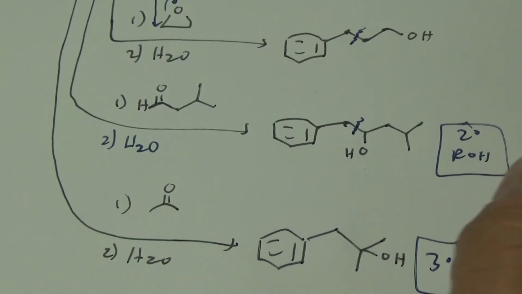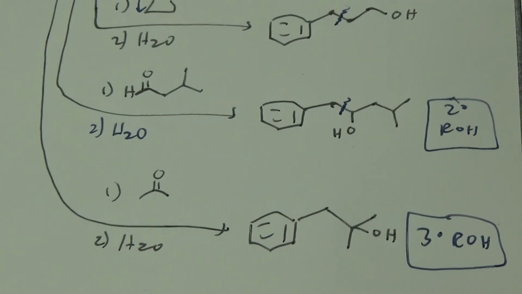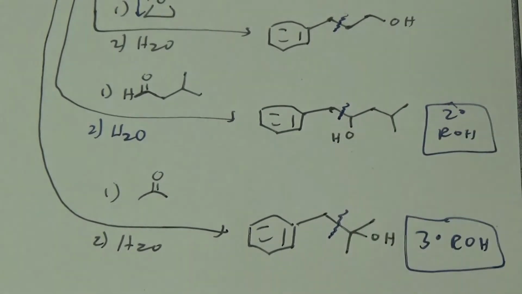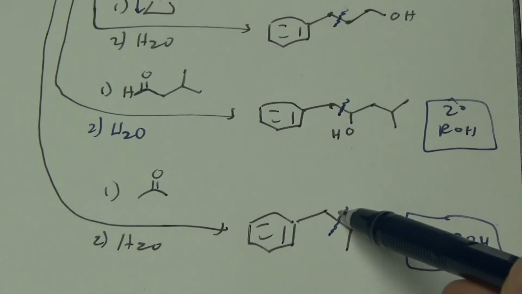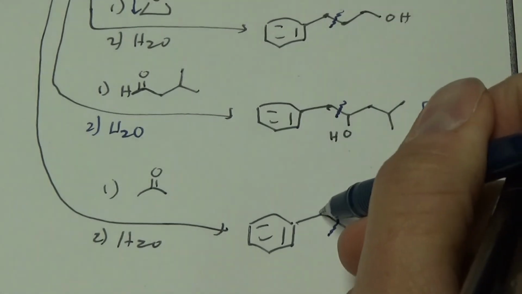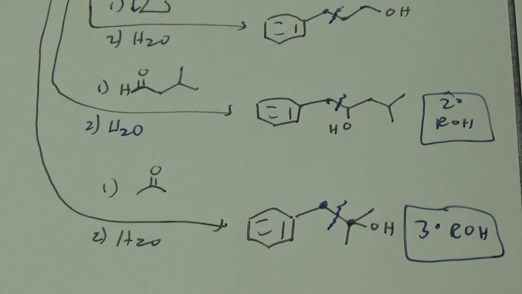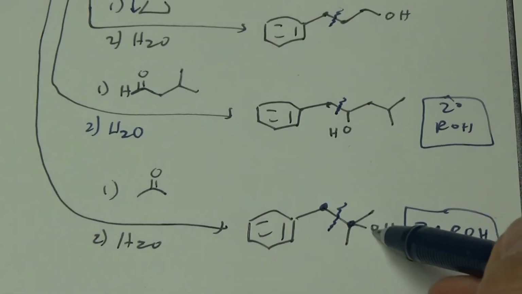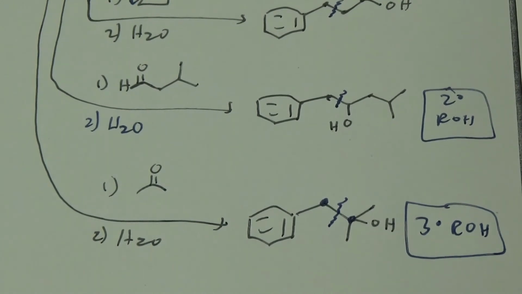All from chapter 8. And where is my squiggly line? Here. Well, it's right there. The squiggly line is between this carbon and where the ketone was, right? Okay, and look at where the squiggly line is relative to the OH. Alright.